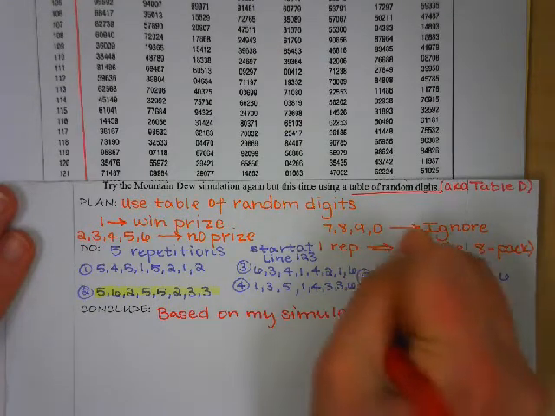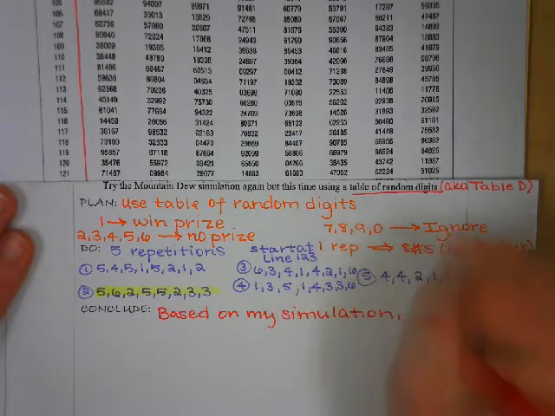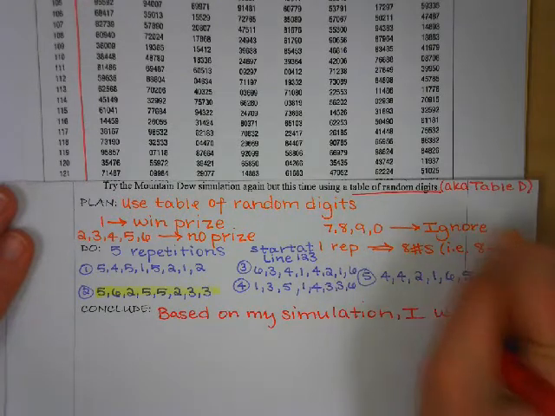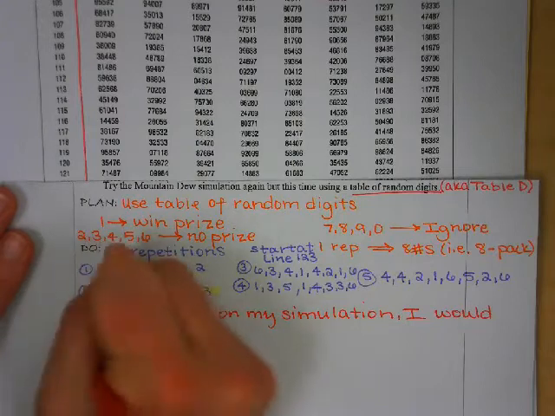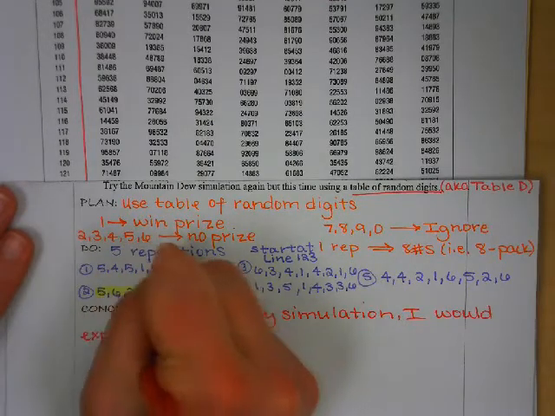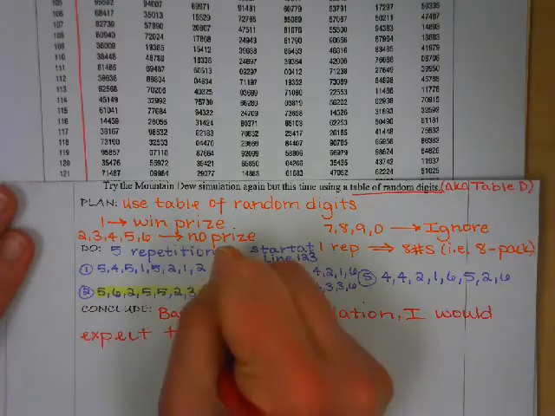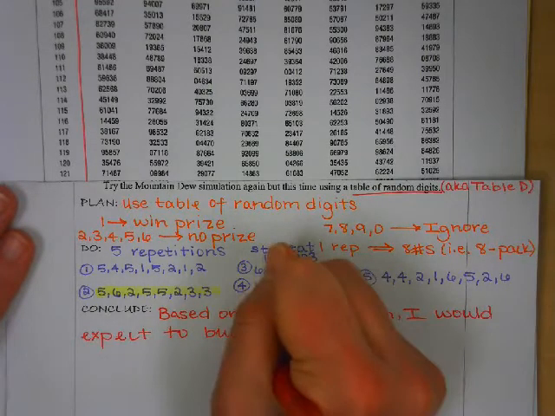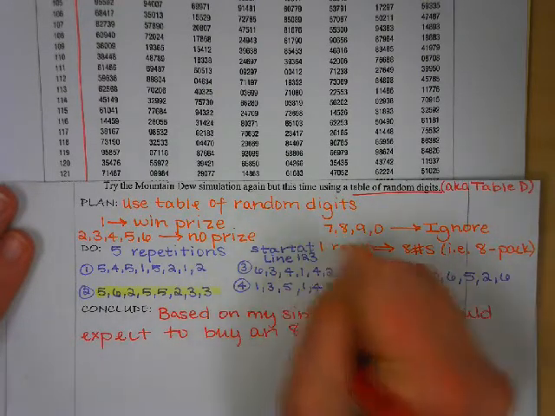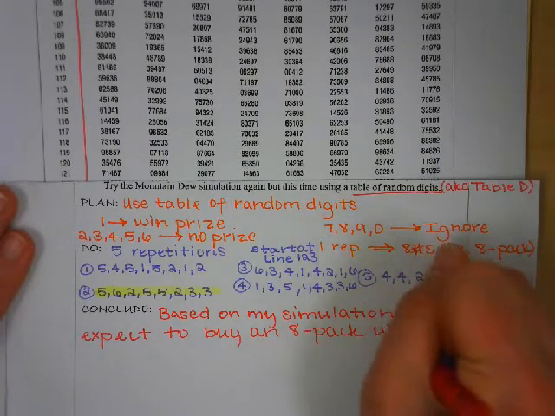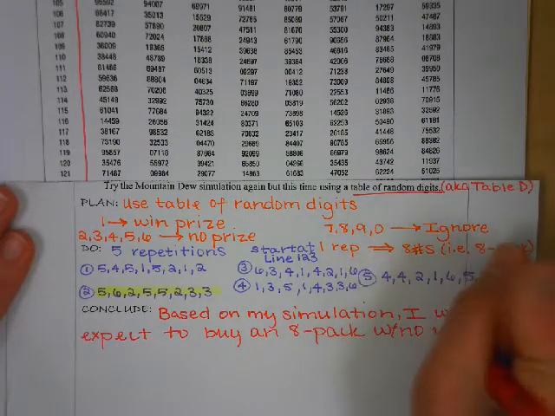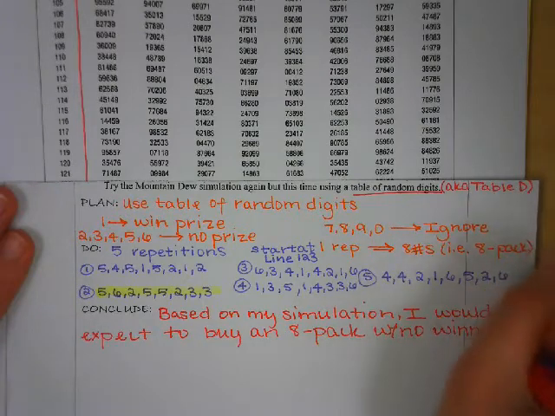So based on my simulation, I would expect to buy an 8-pack with no winners blank % of the time.